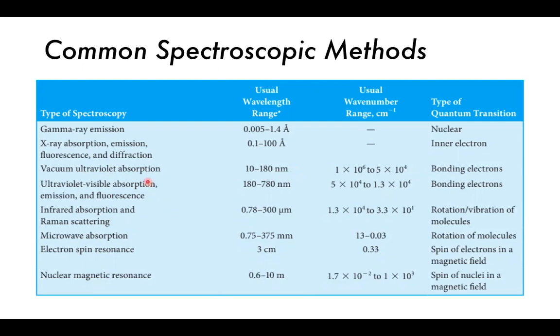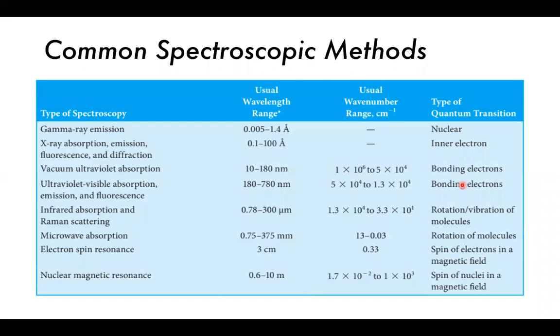So for example, if we take the vacuum ultraviolet absorption and ultraviolet UV-vis absorption, emission, and fluorescence, we see the regions here. This is typically looking at bonding electrons. These wavelengths in this usual range correspond pretty well to many of the transitions which occur within molecules and atoms to excite an electron from one energy level to another energy level.